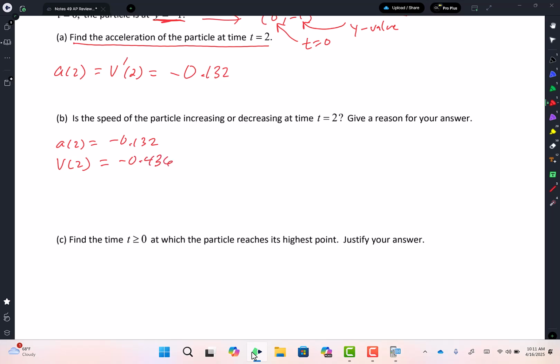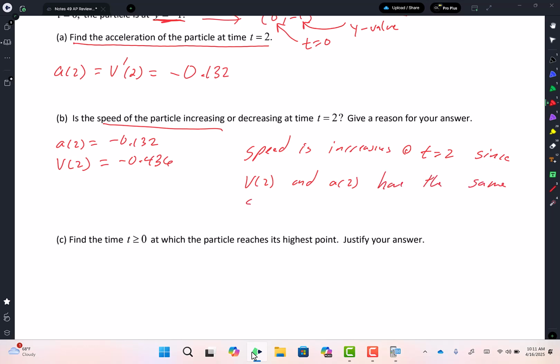Speeding up. So that means my speed is increasing. Does that make sense? We're going to say speed is increasing at t equals 2 since velocity at 2 and acceleration at 2 have the same sign. Full credit.